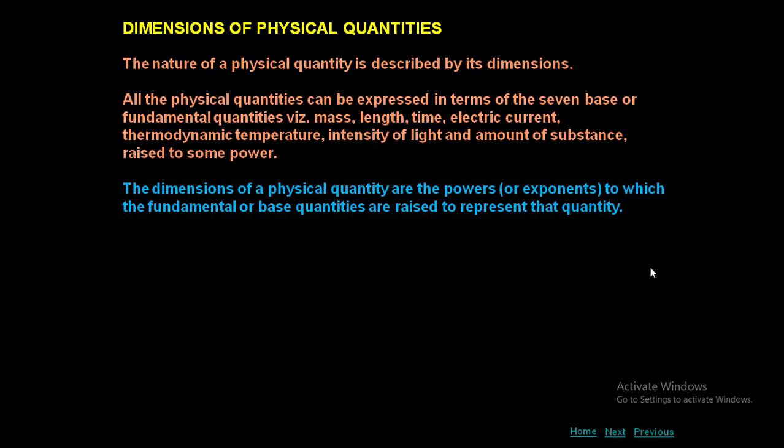So this is the definition of dimension. I repeat, the dimensions of a physical quantity are the powers to which the fundamental or base quantities are raised to represent that quantity. So simply, dimension is nothing but the power which is present for a fundamental physical quantity.